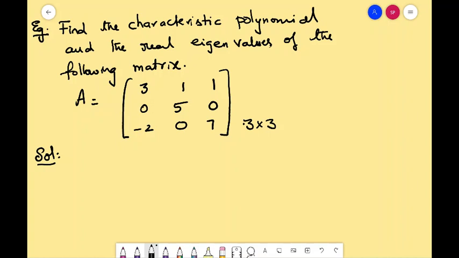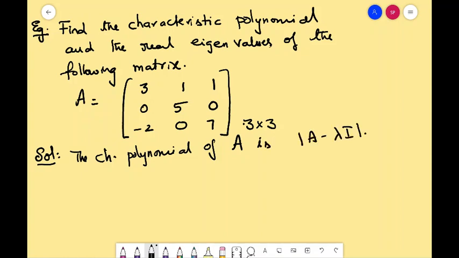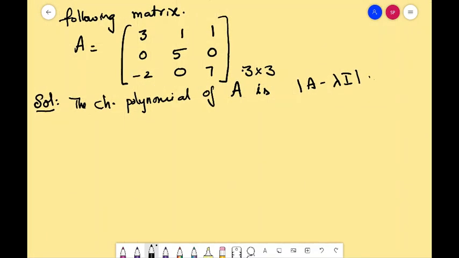First we have to find the characteristic polynomial. The characteristic polynomial of A, I'll write it as CH, is det A minus lambda I. For this, let us first find what is A minus lambda I.